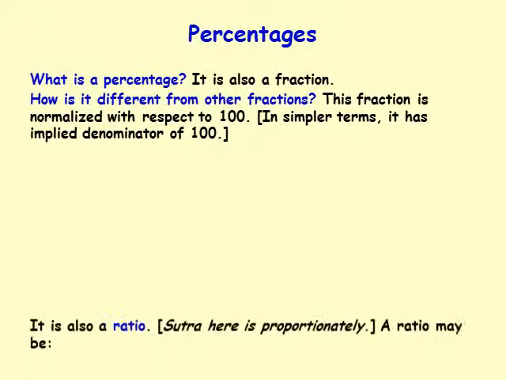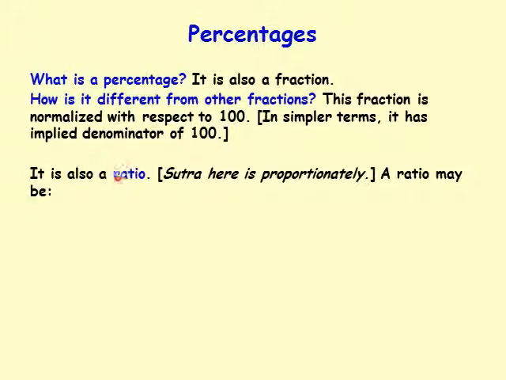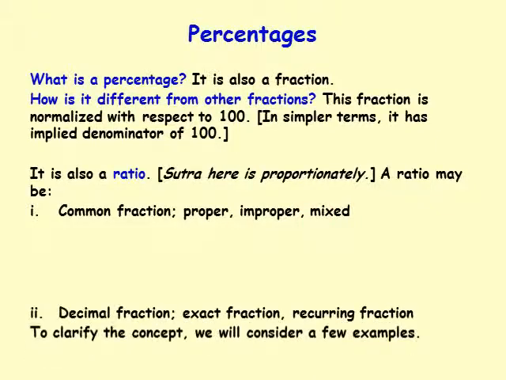Let's continue here. It's also a ratio, and the sutra here is proportionality. So percentages are ratios, and for ratios we use the sutra proportionality. A ratio may be a common fraction, which might be a proper fraction, improper fraction, or mixed fraction.